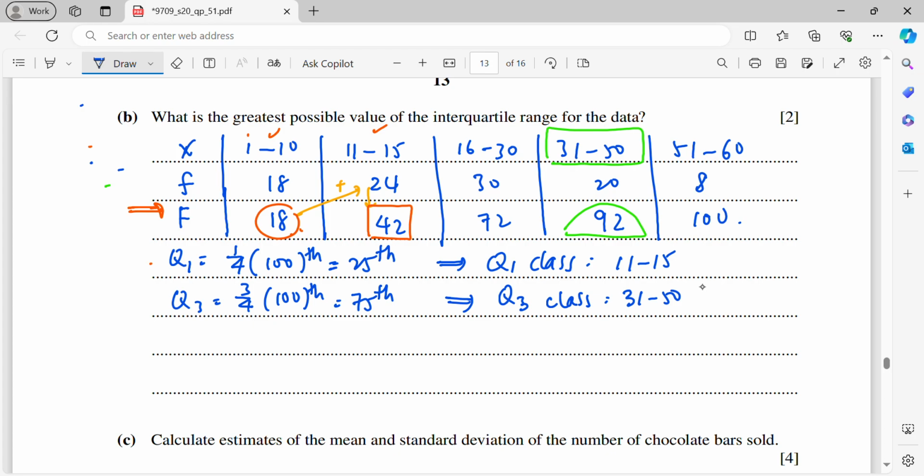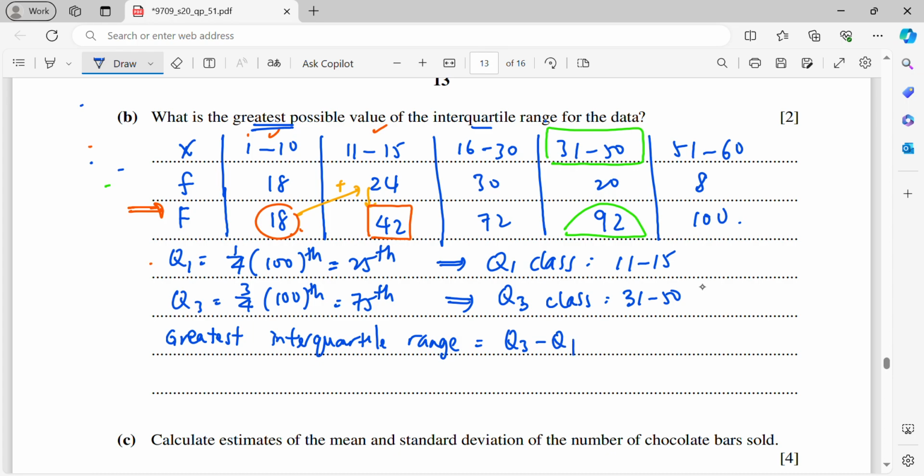Okay, now you need to find the estimate of the IQR, interquartile range. Right now we can only find the class. That's why you can just find the estimate of the interquartile range, that is Q3 minus Q1.